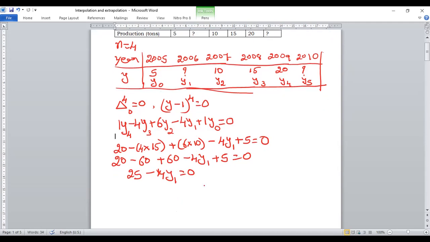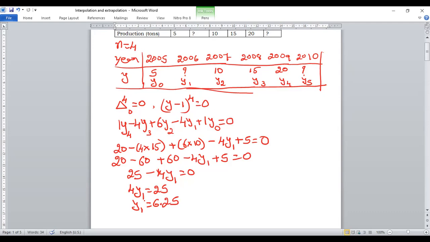So 25 minus 4y1 is equal to 0. Then 4y1 is equal to 25. Then y1 is equal to 25 divided by 4 is equal to 6.25. So this is the term. That is, y1 is the interpolated value.